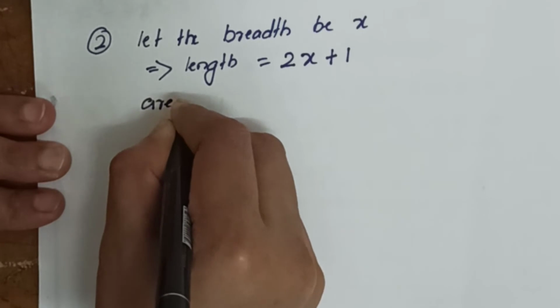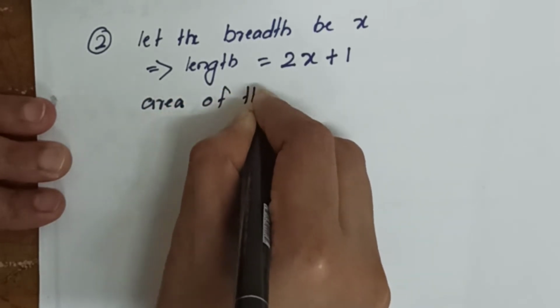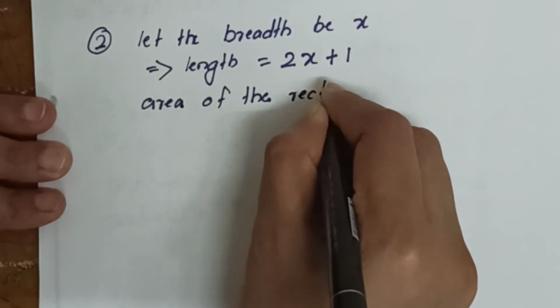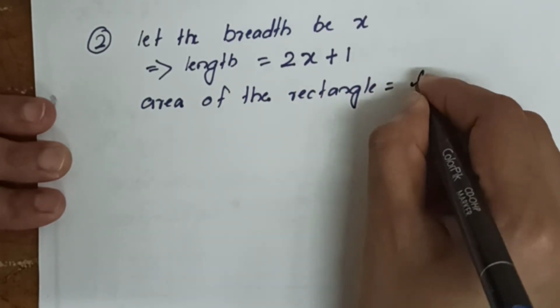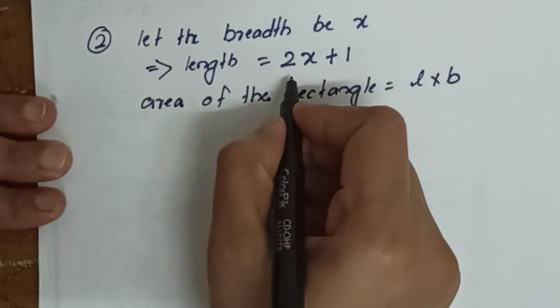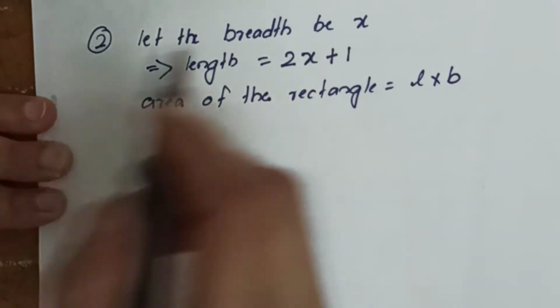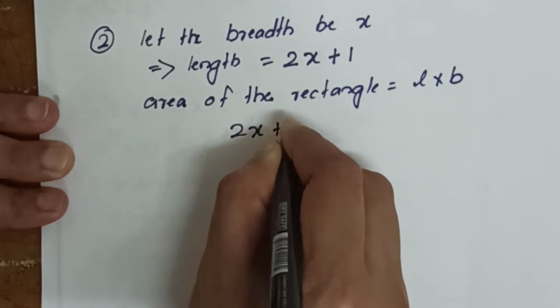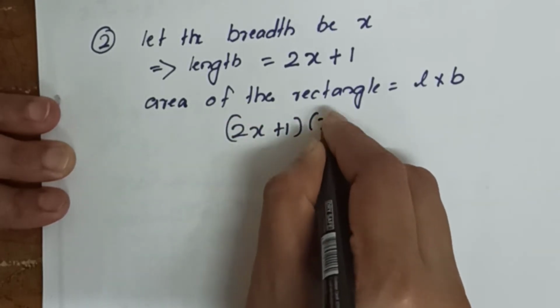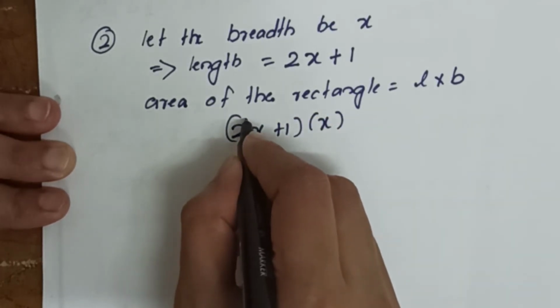Now we know the area of the rectangle. What is the formula for the area of the rectangle? Area of the rectangle, we have learned, is length into breadth. So here the length is 2x plus 1 and the breadth is x. So it will be 2x plus 1 times x.